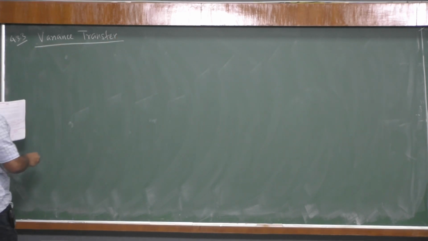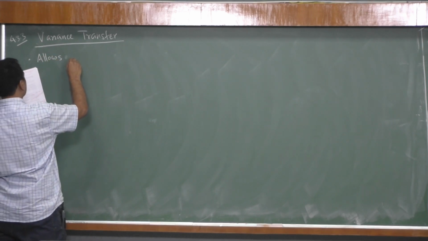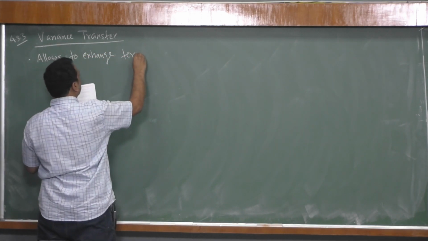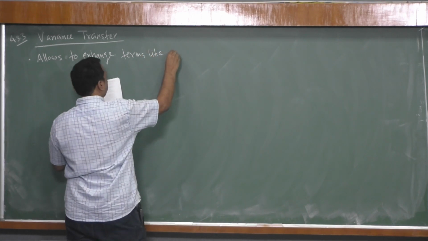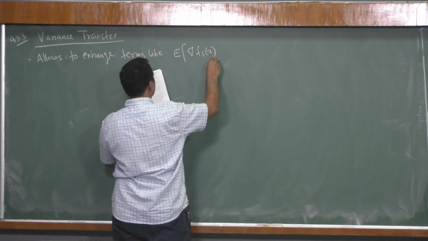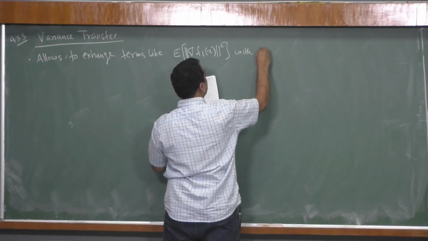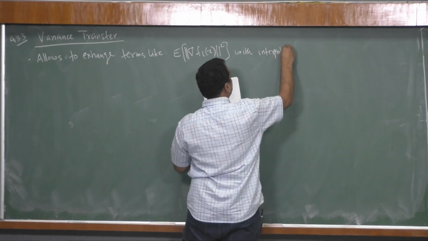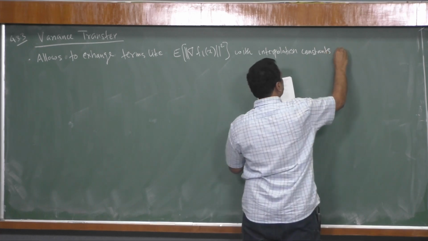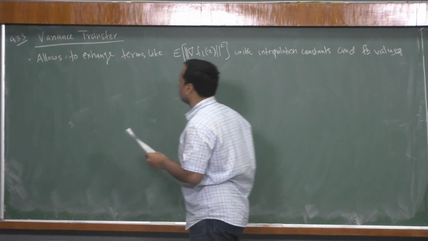This variance transfer allows us to exchange terms like expectation of gradient of f_i x whole square with interpolation constants and function values. So that is the use of this. We will see this use in the proof itself.